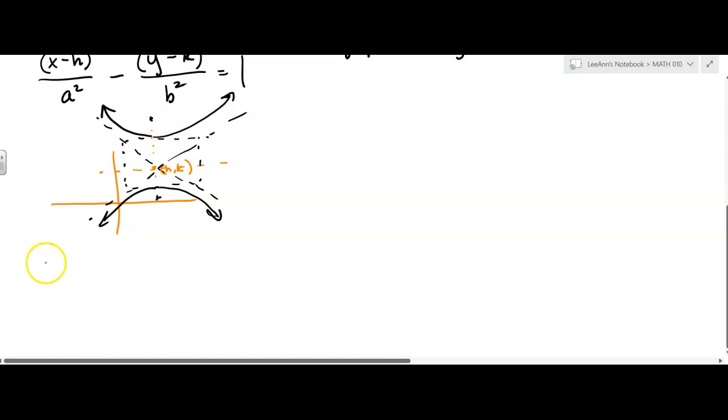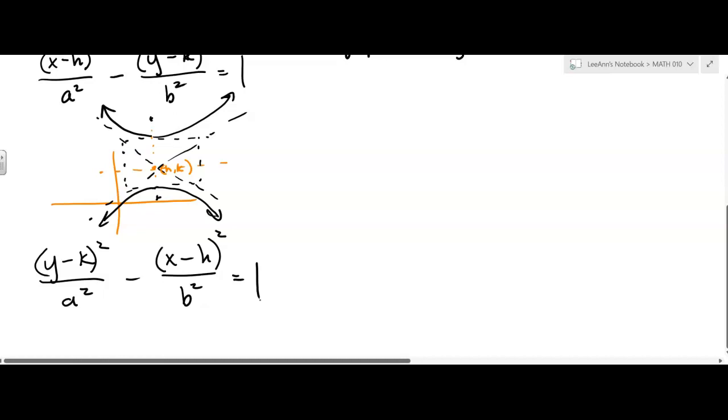This is for an equation that is (y minus k) squared over a squared minus (x minus h) squared over b squared. I always remember k goes with y and h goes with x, and that's always helped me with that. Okay, so where are those vertices?